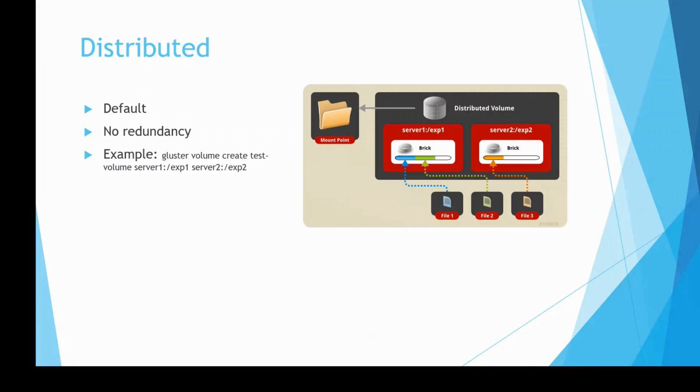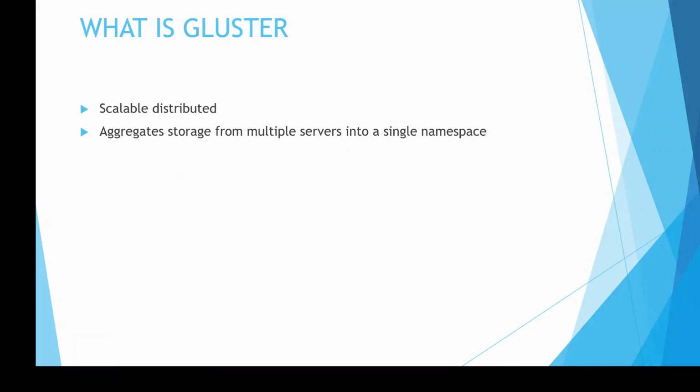That means when you write a file in one server's Gluster volume, that file gets copied over to the other participating Gluster volumes. So without having network attached storage, you get the same functionality with GlusterFS.